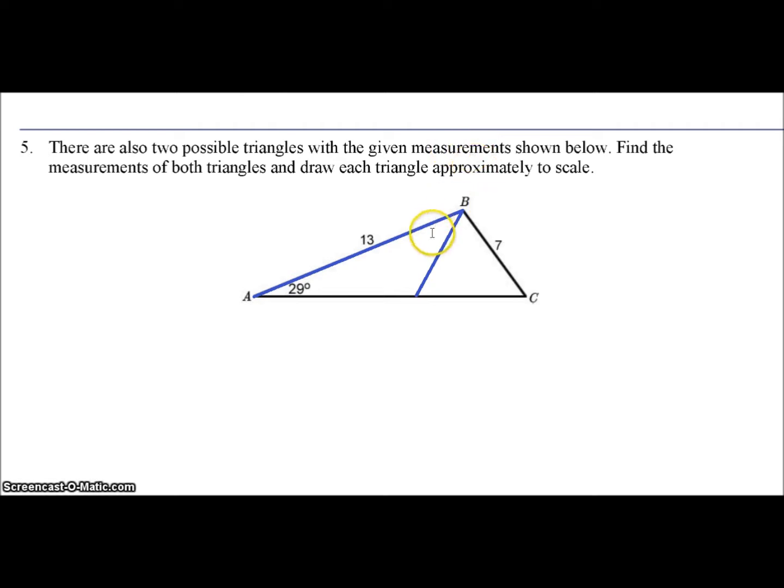So that this is 7. Now our angle C would be much larger. It would be an obtuse angle. So there's really two possible triangles here.